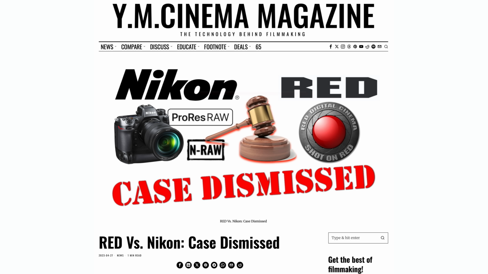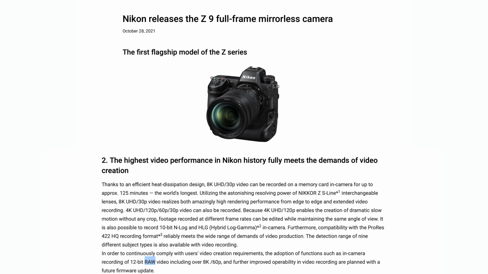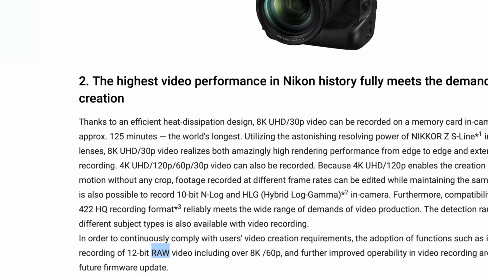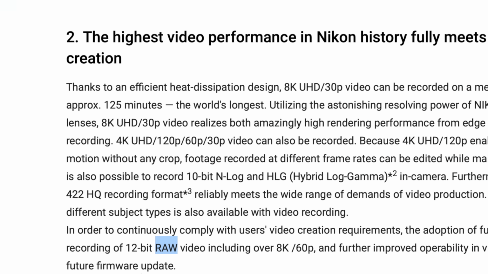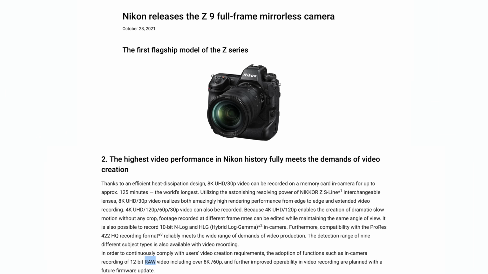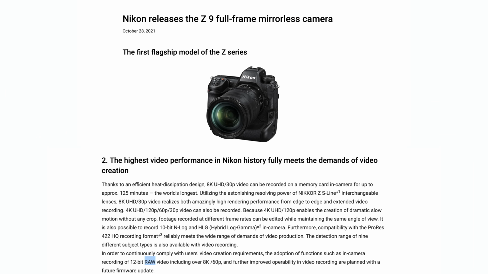My theory is that Nikon and RED were already in discussions back then, back in 2021. And in 2022. And it could be even longer than that. And this is why the codecs are similar. Not only were they in discussion, but they were already sharing technology. Because lo and behold, the technology is the same.